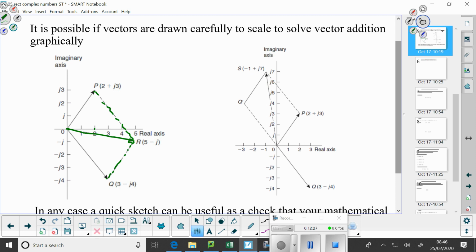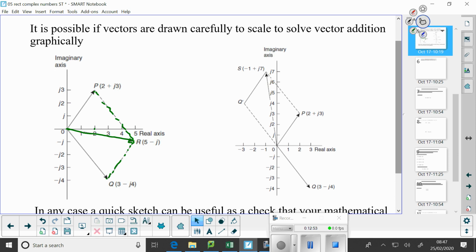All right. If you want to subtract two vectors graphically, here's our p, 2 plus 3j. That's plus 3 plus minus 4j. So we've got to go in the opposite direction, minus 3 plus 4j, to get the negative vector. It's a little bit more difficult to understand, that one.